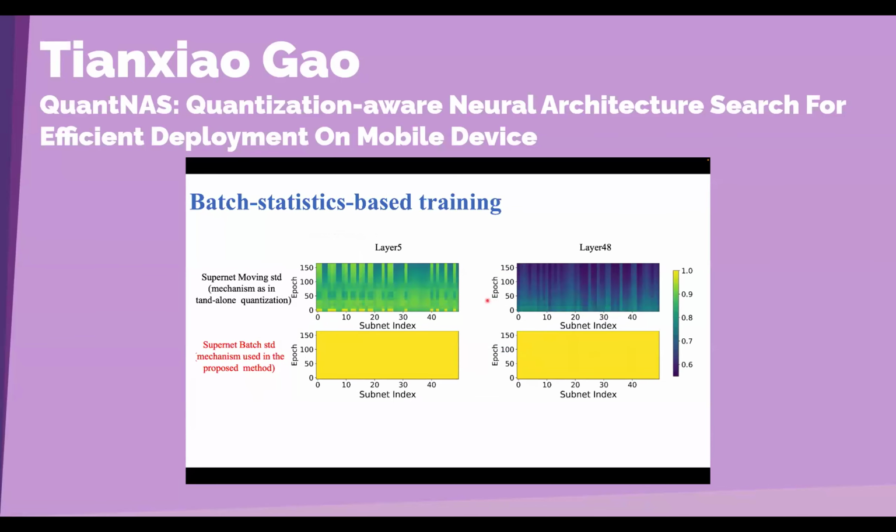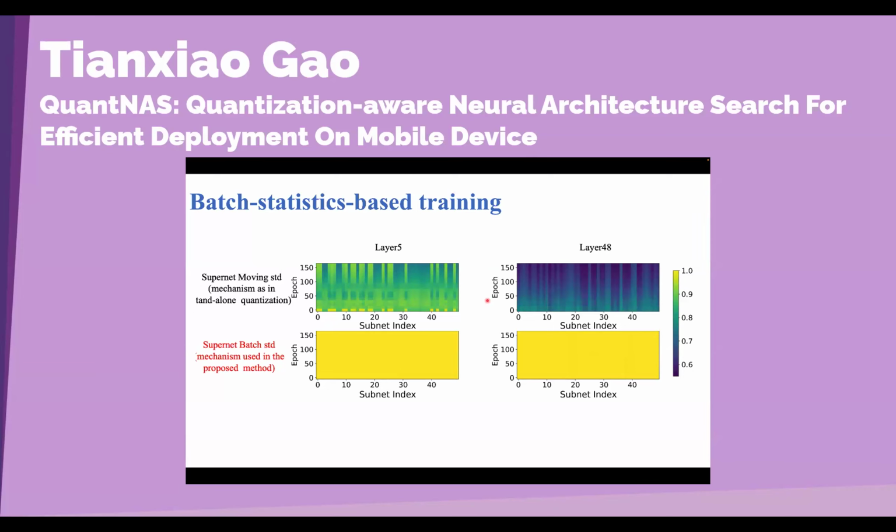Now we present our batch statistic-based training strategy in detail. Our goal is to simulate the deployment behavior of subnets during SuperNet training, which means we need to find an accurate proxy of the moving STD of each subnet during training.